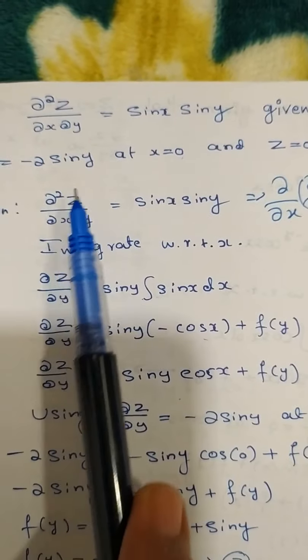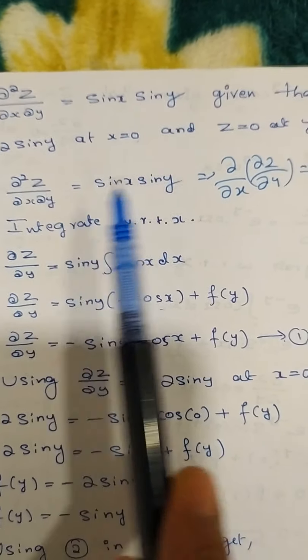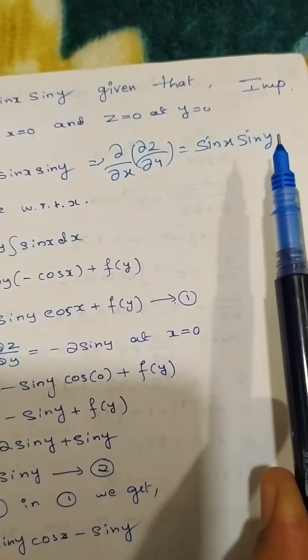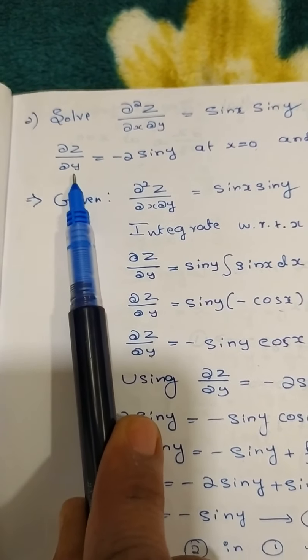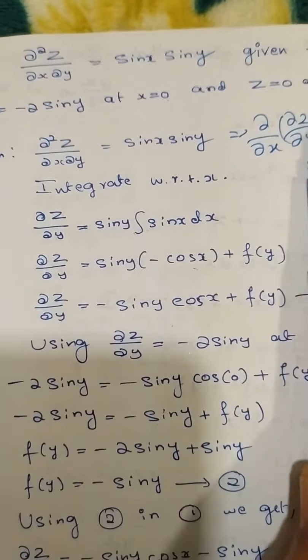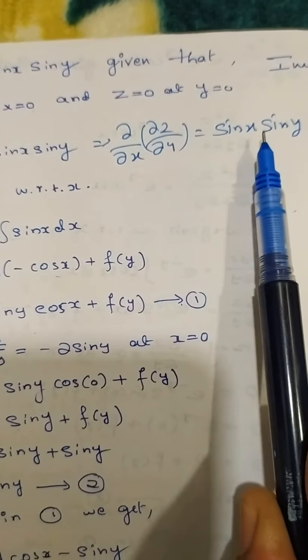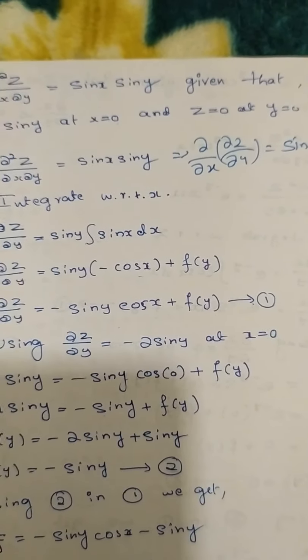Now the given PDE is ∂²z/∂x∂y = sin x sin y. This can be written as ∂/∂x of (∂z/∂y) = sin x sin y. Now integrate with respect to what? x, because we have ∂z/∂y. If we integrate with respect to x, we get ∂z/∂y on the left hand side. And sin y is constant, because we integrate with respect to x.